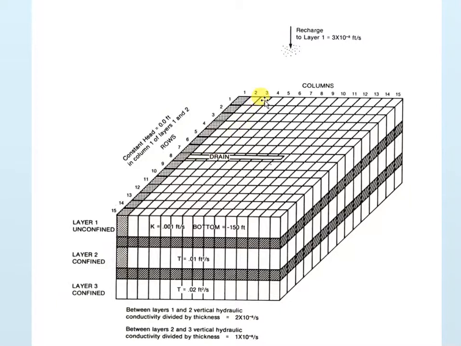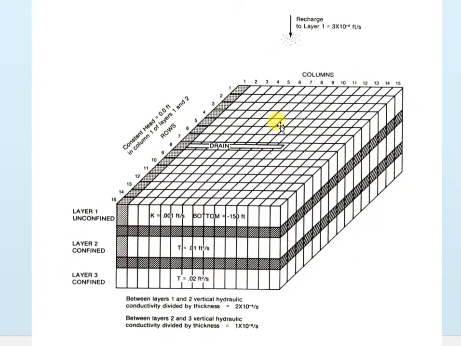In numerical methods, the typical approach then is to take such a discretized domain, define head as an unknown at each of the cells, and assemble a system of equations.